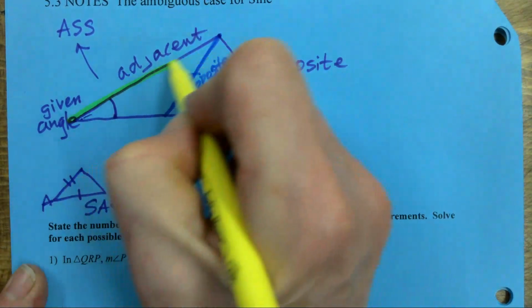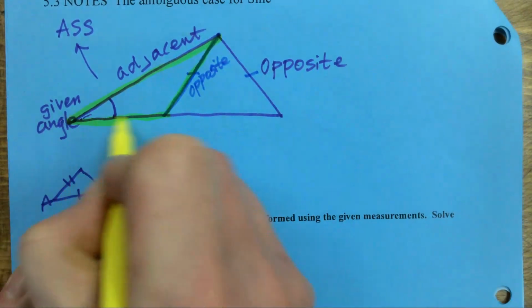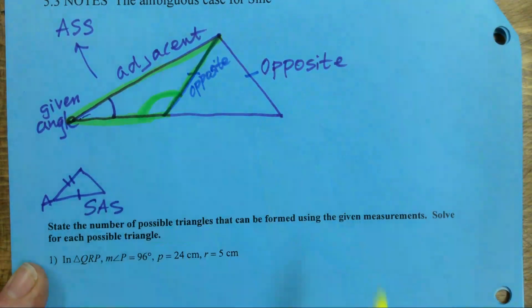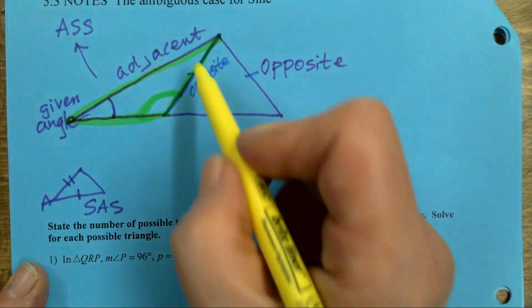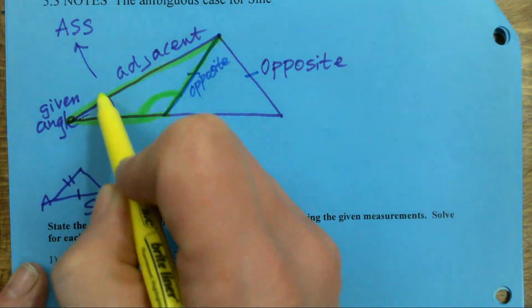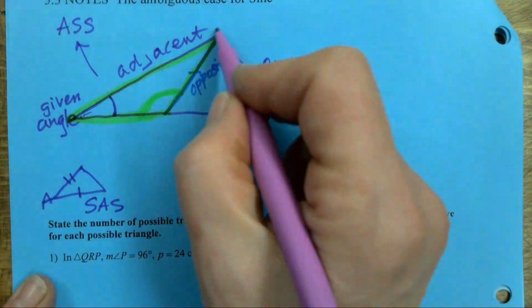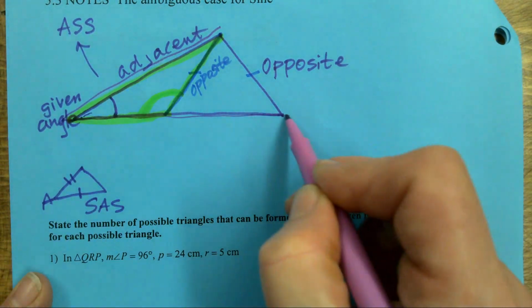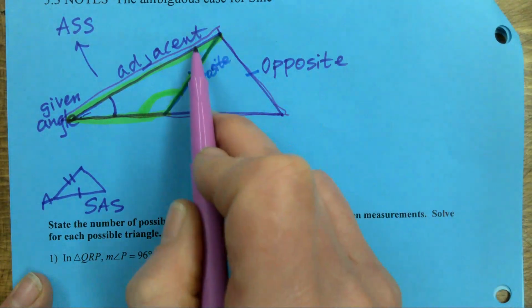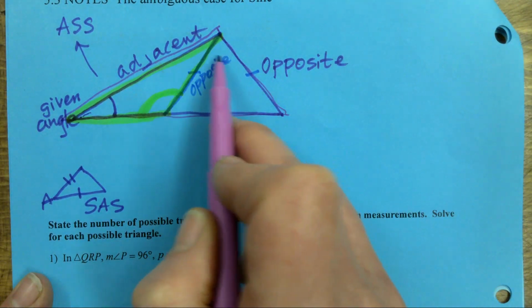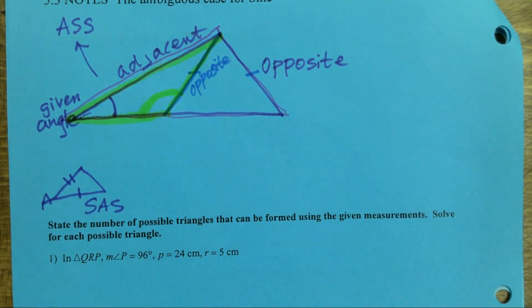I have this one that has an obtuse angle in it, where these two things are the same. The adjacent doesn't change, this angle doesn't change. And then I have this one on the outside where it has an obtuse angle up on the top. Potentially it might not even have that. So those are two different triangles with the same given information.